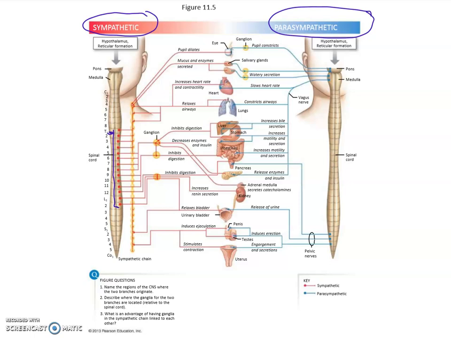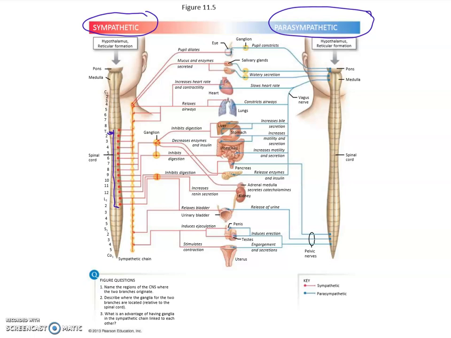Now, where are the ganglia on the sympathetic side? Well, they're really close to the spinal cord. In fact, they're just outside. This is called the sympathetic chain ganglia, just outside of the spinal cord here. And so we're going to be synapsing pretty quickly. So we have a very short preganglionic neuron every time. And then we're going to synapse to the postganglionic neuron.